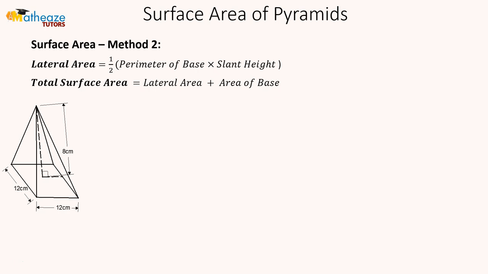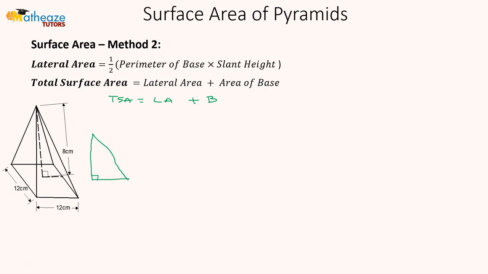Final example, the total surface area is the lateral area plus the area of the base. Now let's get the slant height first. We have this right triangle.